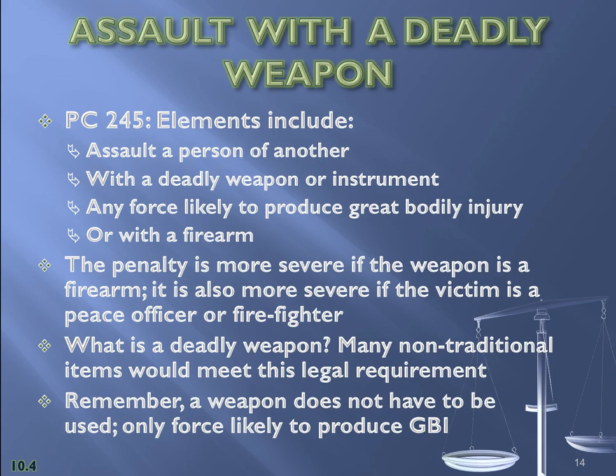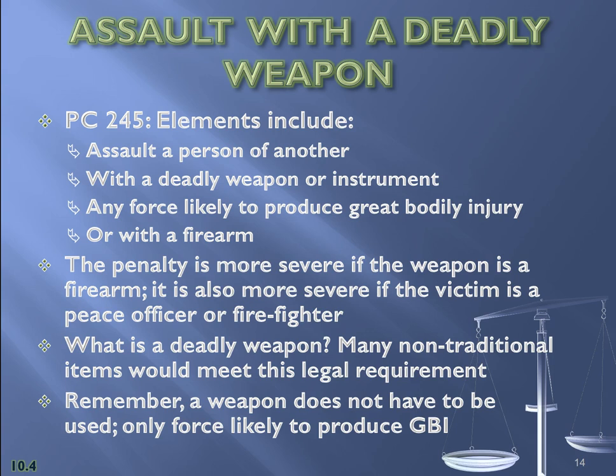Now, you have to go back up and look at the section again. Deadly weapon or instrument. Well, we can probably figure out some things that we could classify as a deadly weapon, like a big knife or a dagger or maybe even a pair of scissors, or a firearm, and it talks about firearm. But what about a baseball bat?